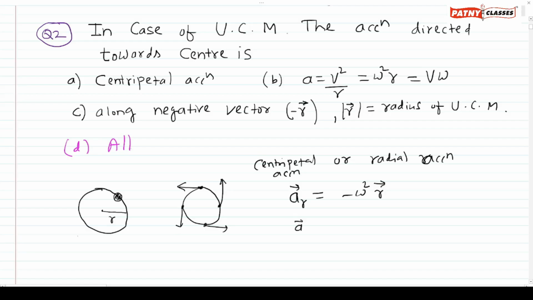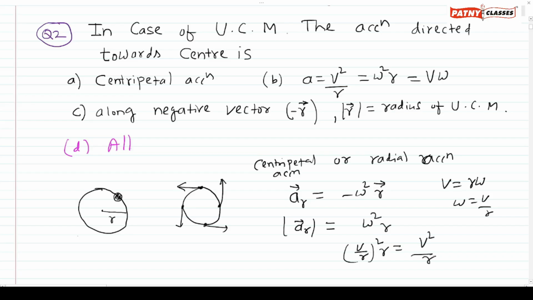The magnitude of centripetal acceleration is equal to omega square into R. We already know v equals R omega. Therefore, omega equals v upon R. So the same formula becomes (v upon R) whole square multiplied by R, equals v square upon R. This can also be written as omega into omega R, that is equal to v omega.